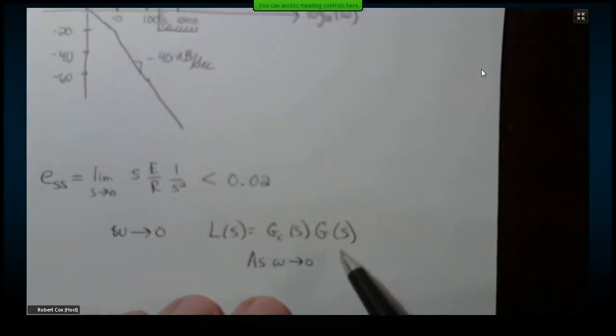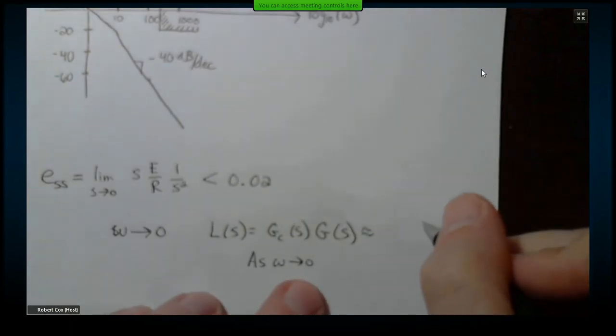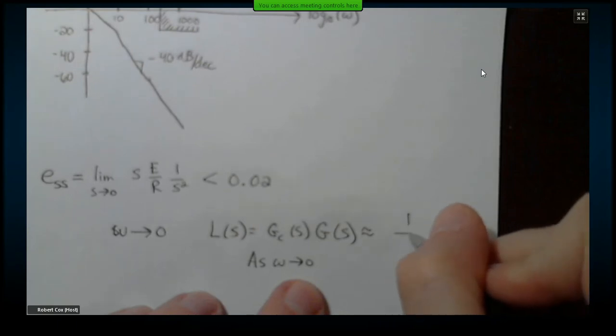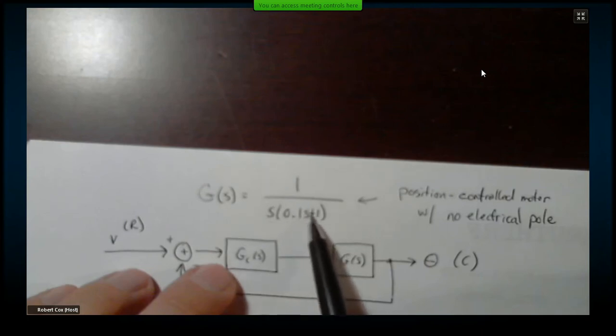If that's the case, then no matter how complicated this thing becomes, I can approximate it as 1 over s. In other words, this pole at really low frequencies, well below 10 radians per second, has no effect. Such would be the case for any other pole in 0 that I have.